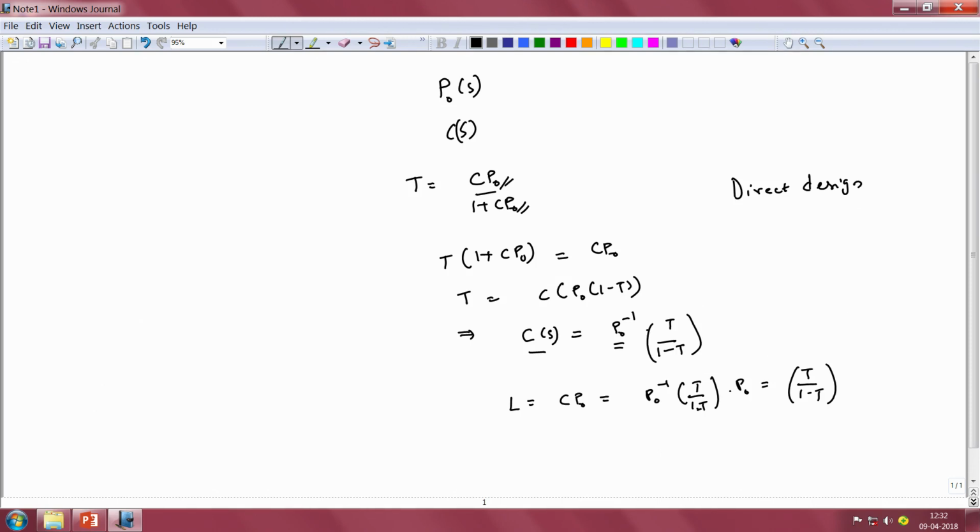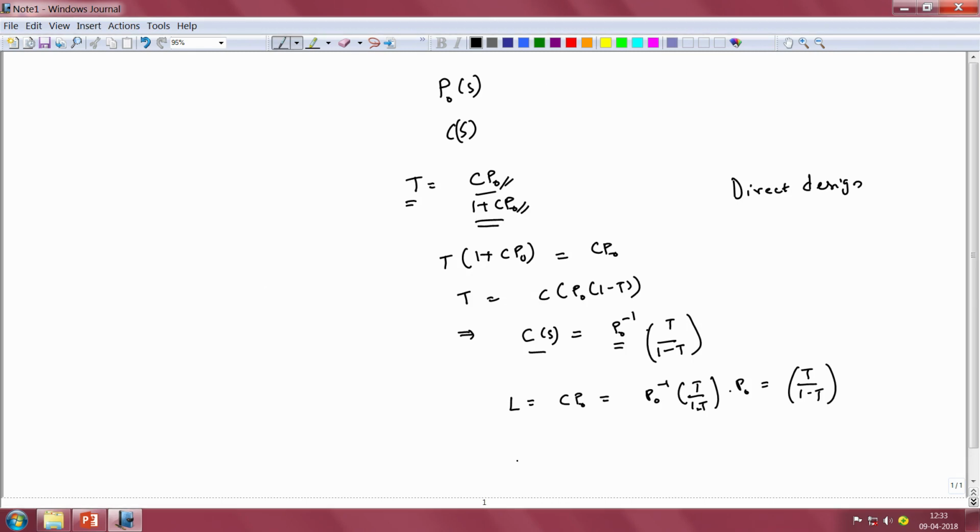For one thing, we want our controller C of S to be physically realizable, and if we choose a transmission function whose relative degree is less than the relative degree of the plant, then we will end up with a controller which is not physically realizable. To see this, all we need to do is look at this equation here.